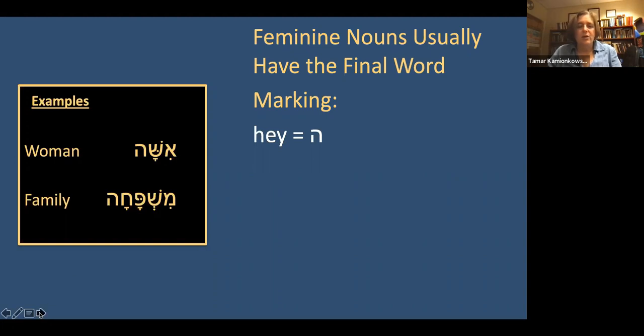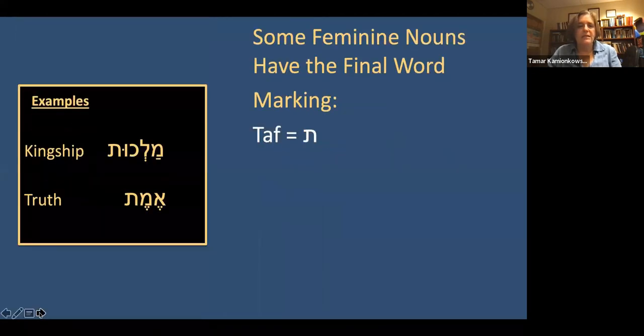One other marker, which is less common but still useful, is words that have a taf at the end, the taf being the last letter of the Hebrew alphabet. So a word like malchut, the taf at the end, or a word like emet, the taf at the end, indicate that these are grammatically feminine.